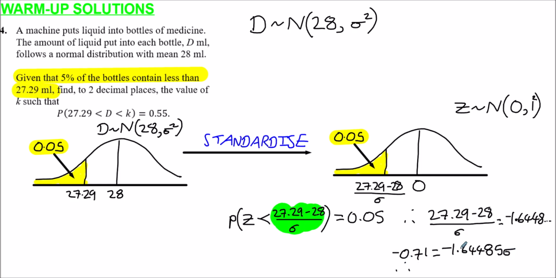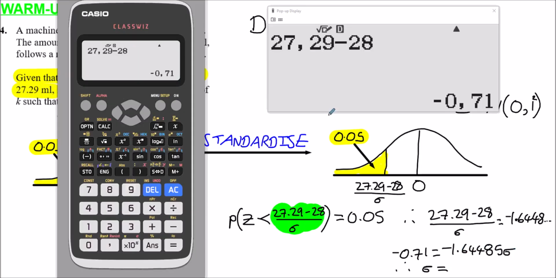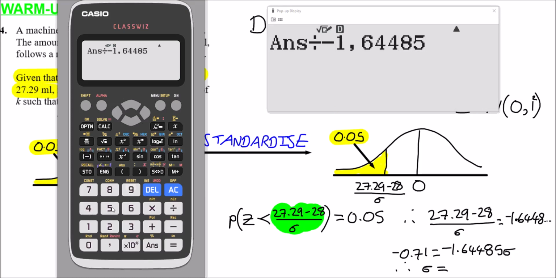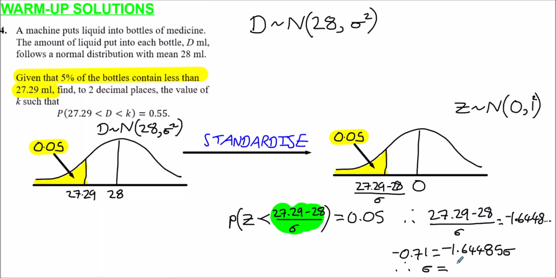Therefore, if I divide both sides by minus 1.644856, I can work out what sigma is. So sigma is going to be minus 0.71 divided by minus 1.64485, and that's going to give us about 0.43165.